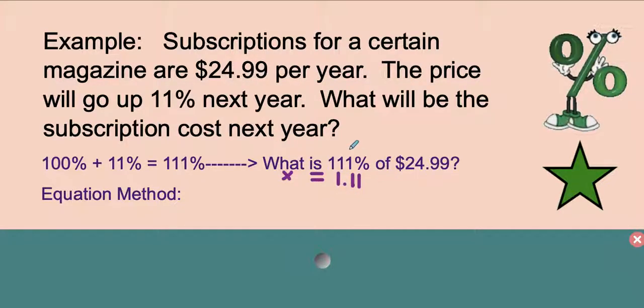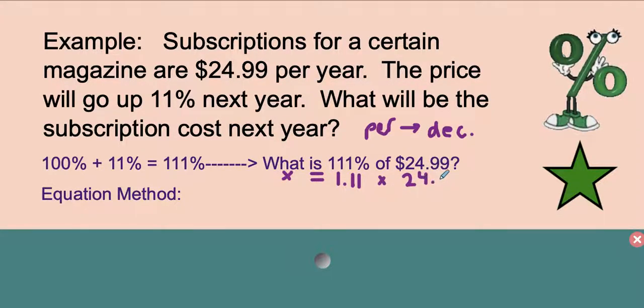I want to change that percent to a decimal. My writing's going to be really messy here because I'm just working on my computer. So again, I want to change that percent to a decimal. Please write that down in your notebook, star it 3 times, underline it: change your percent to a decimal. In math, let's remember that of is times, and then I have $24.99.